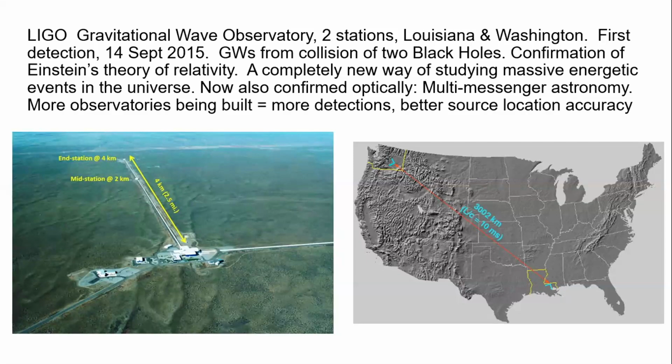That gives you more detections and better location of the source, because the more different sites you have observing the same event, the more accurately you can say that came from a particular object in the sky in that particular right ascension and declination. And then you point your optical telescopes or gamma ray detectors or whatever there to see what was happening there.